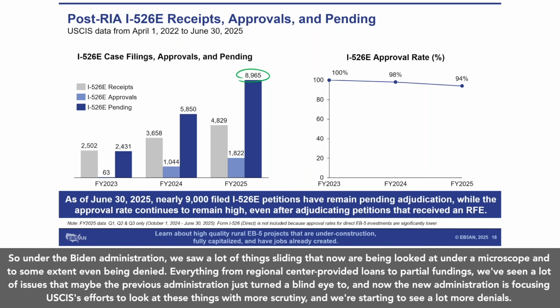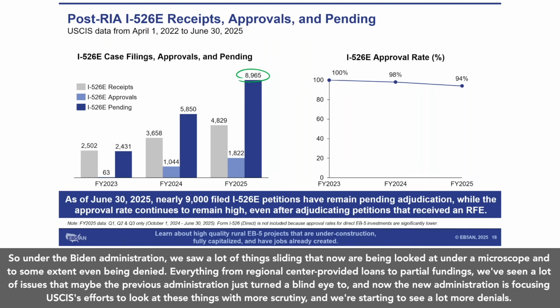Under the Biden administration, we saw a lot of things sliding that now are being looked at under a microscope and to some extent even being denied. Everything from regional center provided loans to partial fundings. We've seen a lot of issues that maybe the previous administration just turned a blind eye to, and now the new administration is focusing USCIS's efforts to look at these things with more scrutiny.